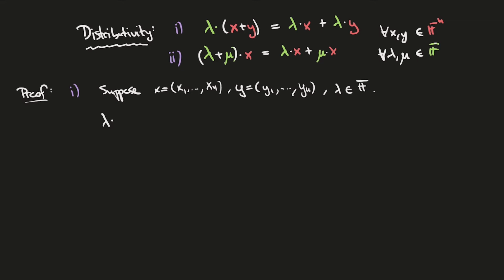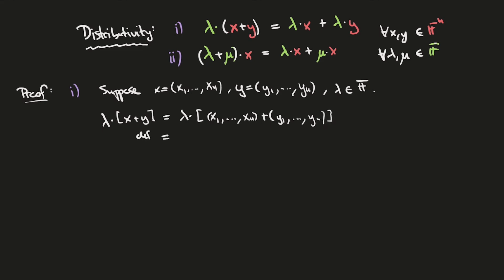Then, by the above, lambda times (x plus y) is equal to lambda times (x1, ..., xn plus y1, ..., yn).